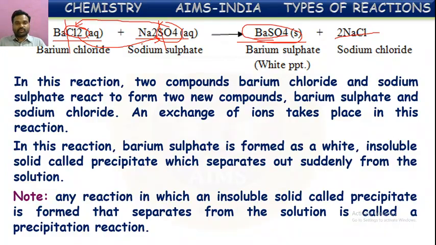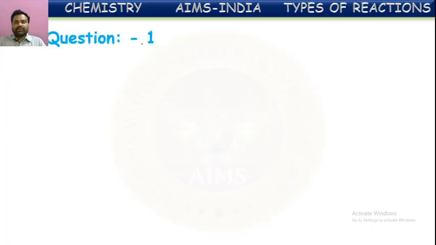So these are the different types of reactions we have seen. Let us see once. Here we have seen four types of reactions: combination reaction, decomposition reaction, displacement reactions, and double displacement reactions. Out of them, the first one is combination reaction.